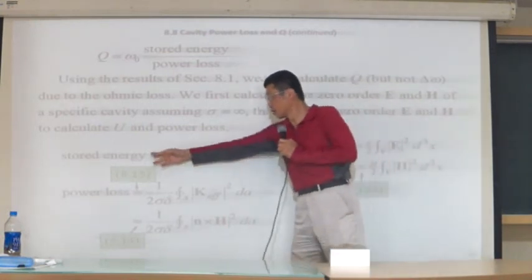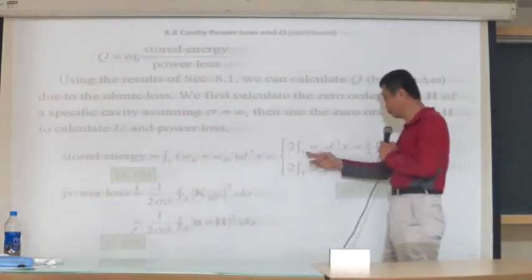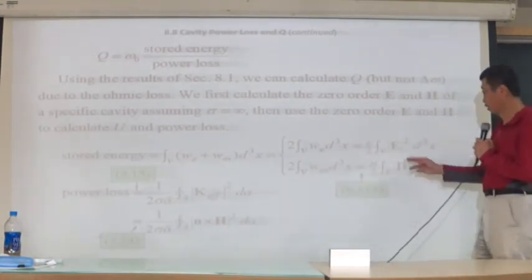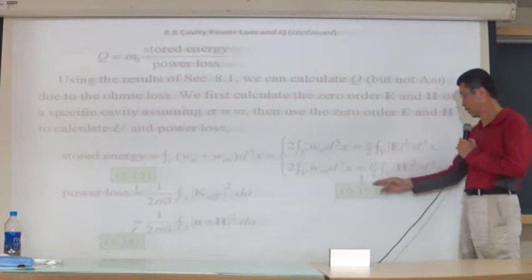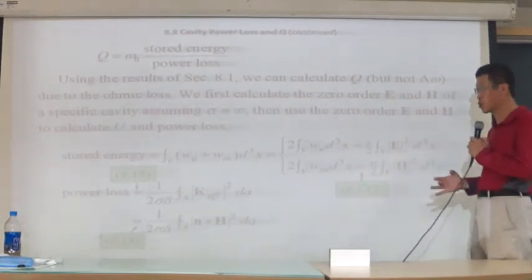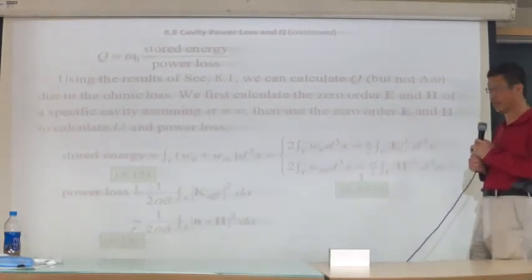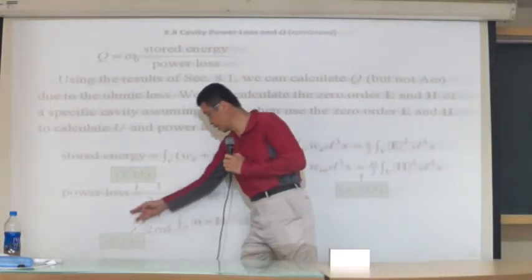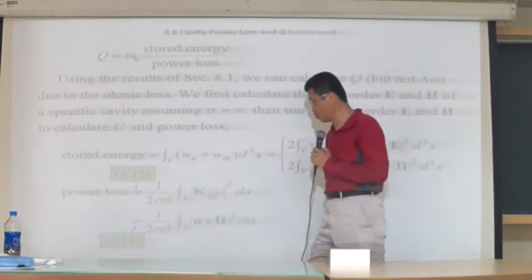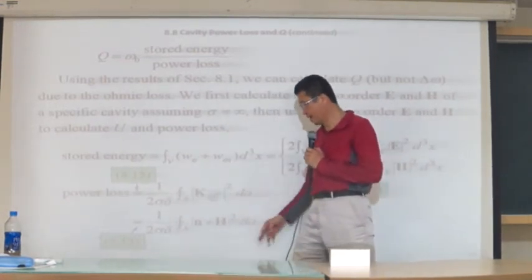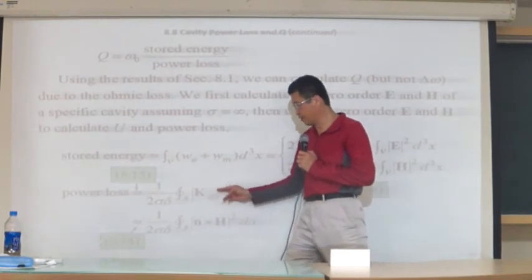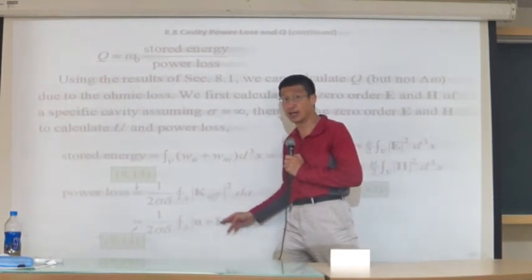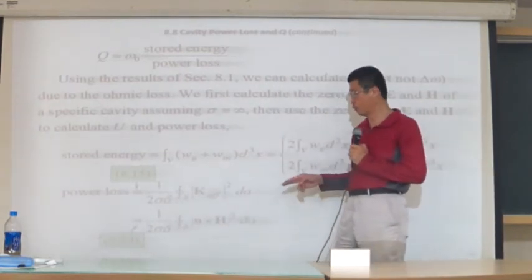So stored energy can be written as 2 omega W_E or 2 omega W_M. So how to calculate these? Power loss, we can use the Poynting vector or we use surface current loss. We just use surface current and surface resistivity. After integration, we know the effective surface current is related to n cross H, the tangential H field.